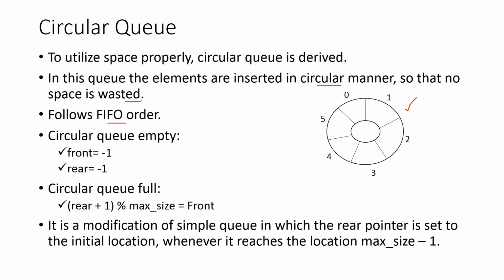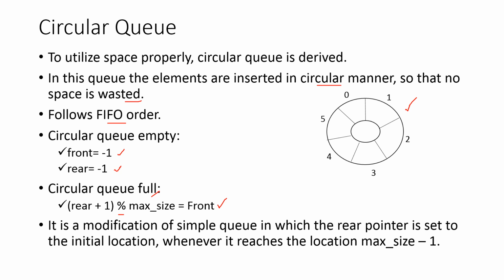Circular queue is empty if front is equal to -1 and rear is also equal to -1. Circular queue is full if (rear plus 1) modulus maximum size is equal to front.